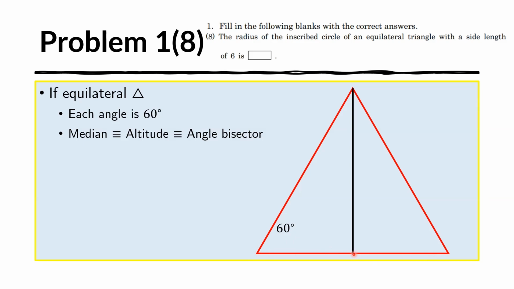So that's what a median means. And for an equilateral triangle, this median is the same as the altitude and the angle bisector. So a median, as we mentioned, would bisect this side.